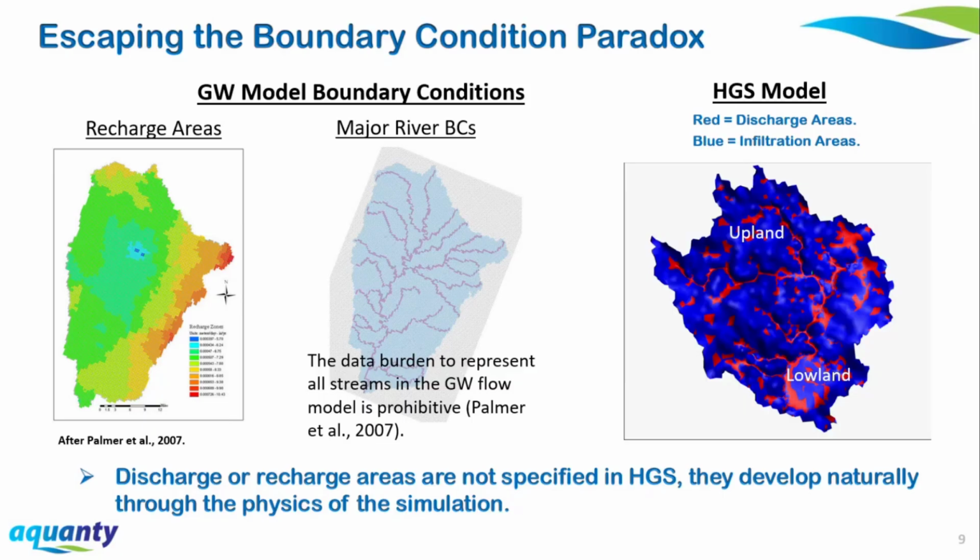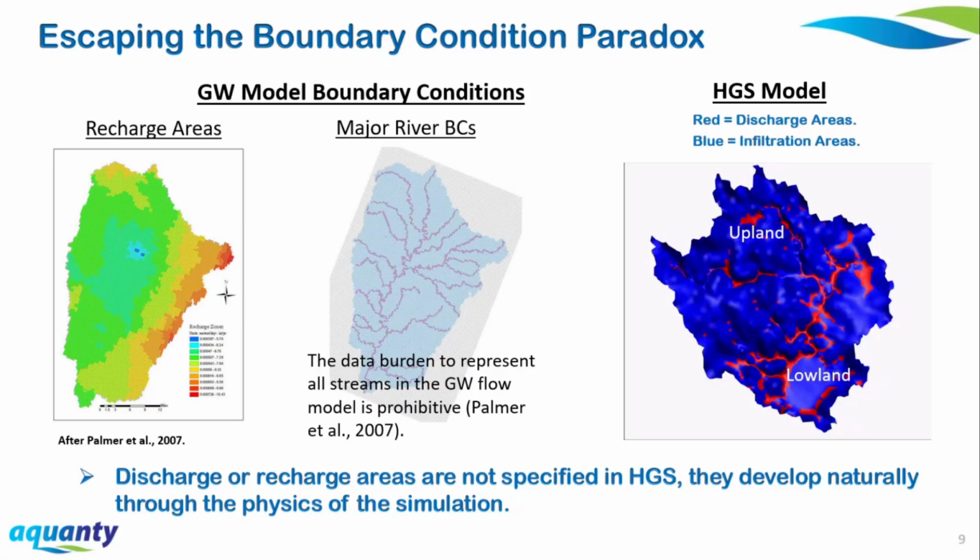In the right-hand panel, we have an animation of infiltration and discharge areas in HGS, where discharge areas are in red and infiltration areas are in blue.